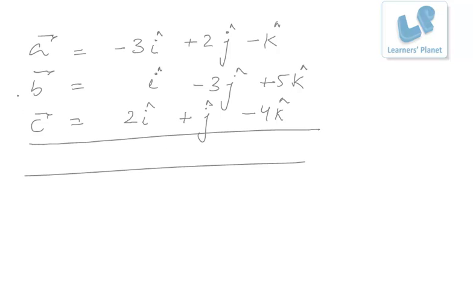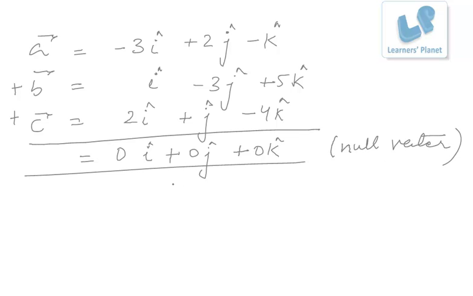Now if we add all three vectors A plus B plus C, then we'll get 0 i cap plus 0 j cap plus 0 k cap. That is, it's a null vector.